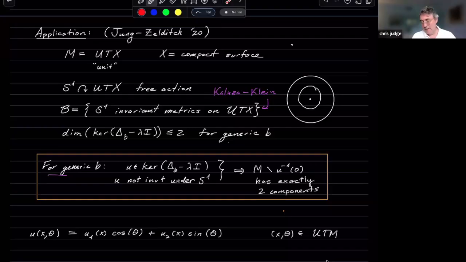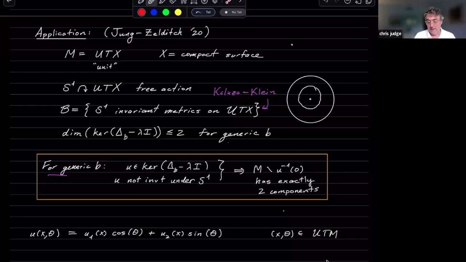And this was a long time ago, the 20s or 30s, and then Lewy later on proved that if you look at the sphere, you could also construct nodal eigenfunctions. In both of those cases, you're looking at high multiplicity eigenspaces, and you're just using the fact that if the eigenspace is large enough, you can choose your eigenvector in that eigenspace to have nice properties. But this is a totally different approach.